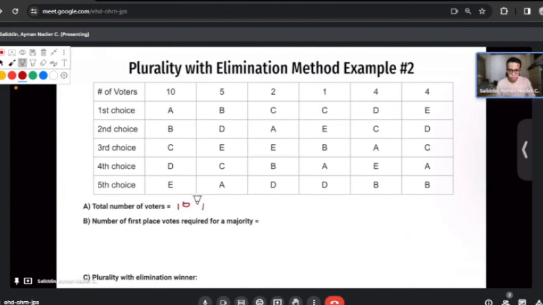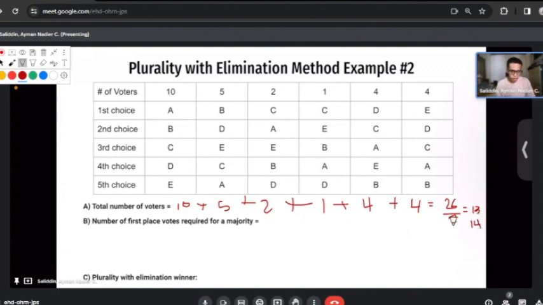We have 10 plus 5 plus 2 plus 1 plus 4 plus 4, which equals 26. Now, if we divide 26 by 2 for majority, that is going to be 13. But that whole number is 50%, and we need more than 50% for majority. So the number that we're looking for is 14.